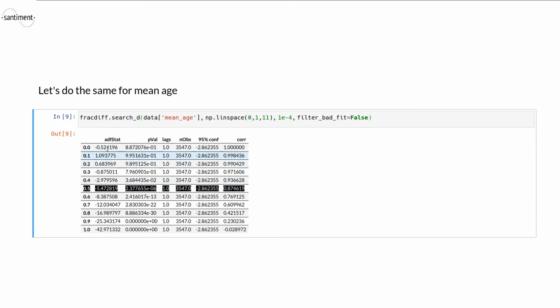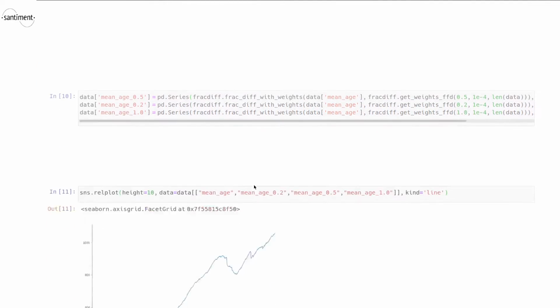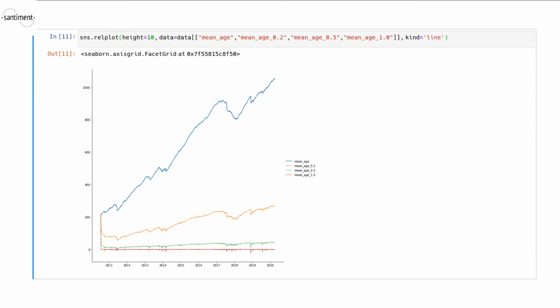The ADF statistic is less than the confidence level, and at the same time we still have a time series which is correlated with the original mean age. So we can apply this method here also. And this is the result.